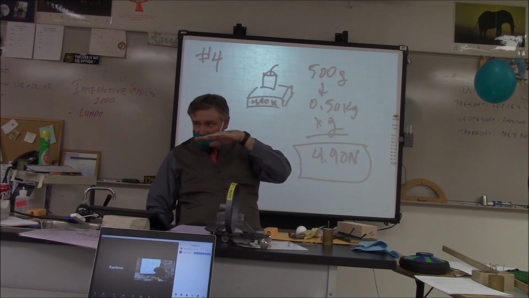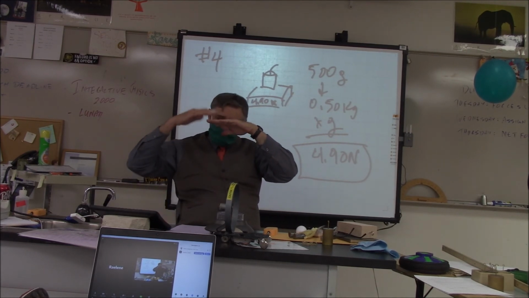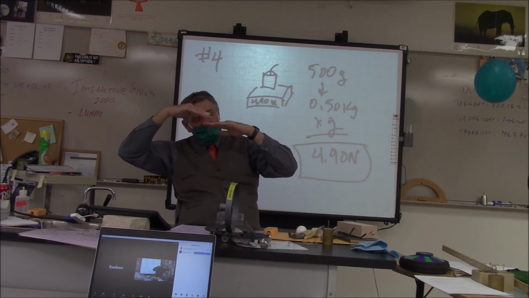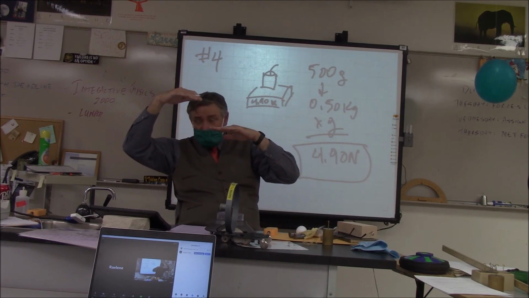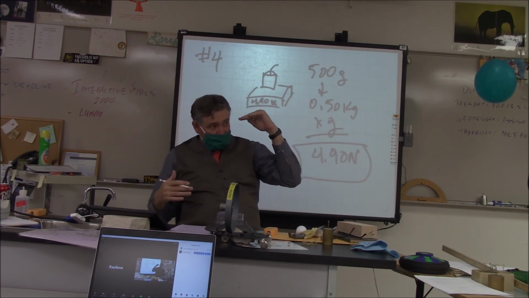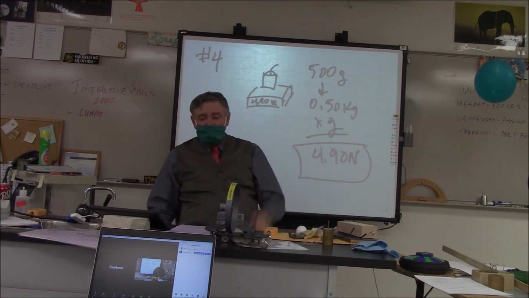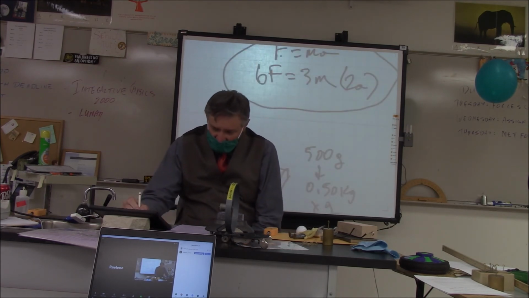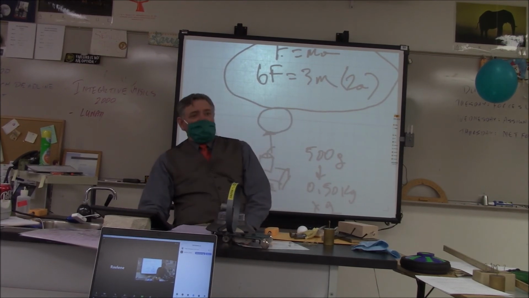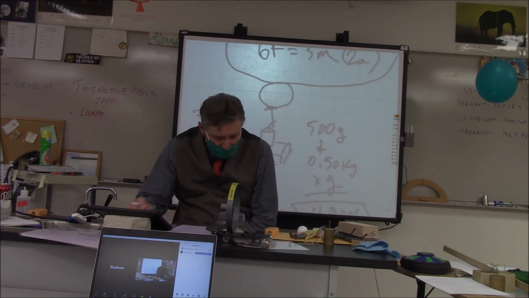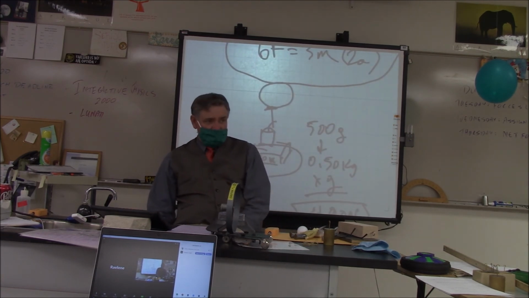Now, visualize this. You've got gravity pulling it down, right? So the scale is measuring the upward force that it has to provide to balance out the downward pull of gravity. So what we're going to do next is take a balloon and attach the balloon to the weight. And you're told on that one that the scale now reads 4.80 newtons.